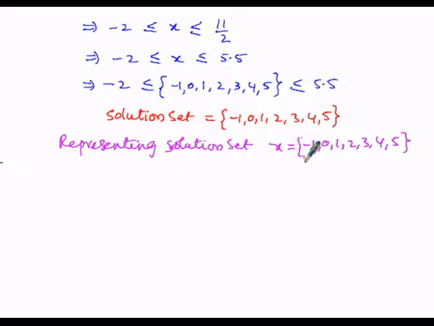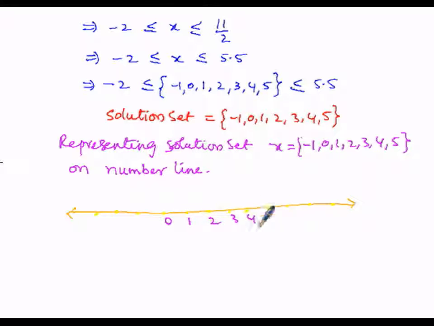Now, representing the solution set, that is x equals -1, 0, 1, 2, 3, 4 and 5, on the number line. Here this represents the number line: 0, 1, 2, 3, 4, 5 and 6.